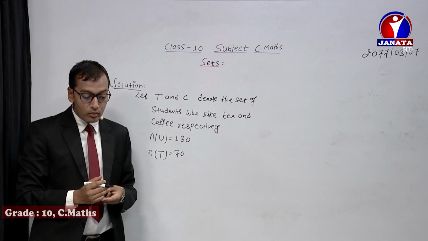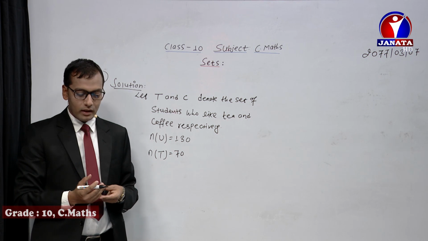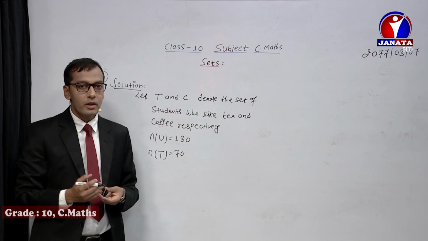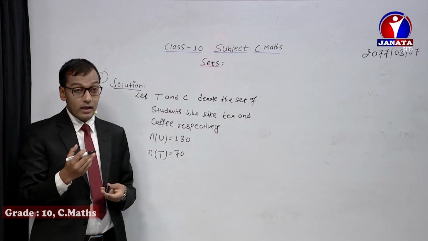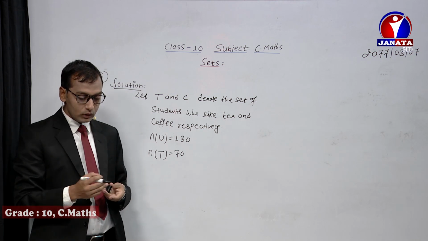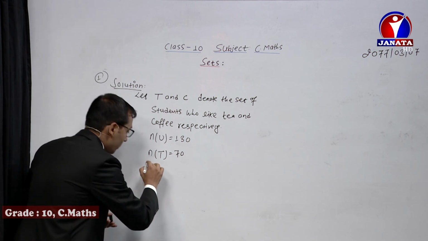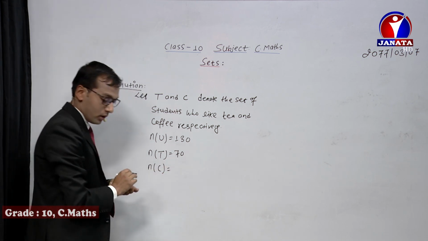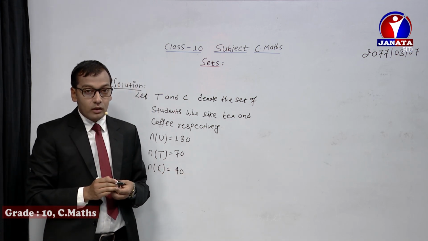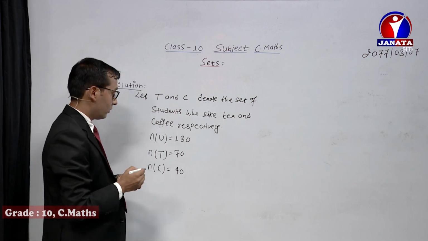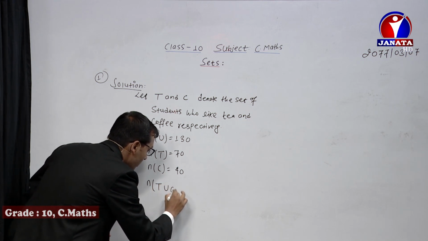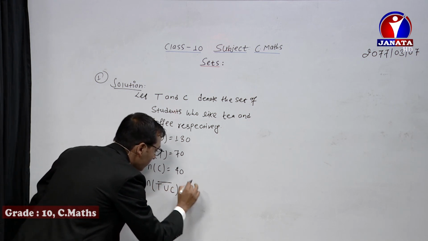In word problems based on 2 or 3 subsets, we first write the information given in the question. The number of students who like coffee, n of C, is 40, and the question says 30 students don't like both items. So n of (T union C) complement is 30.